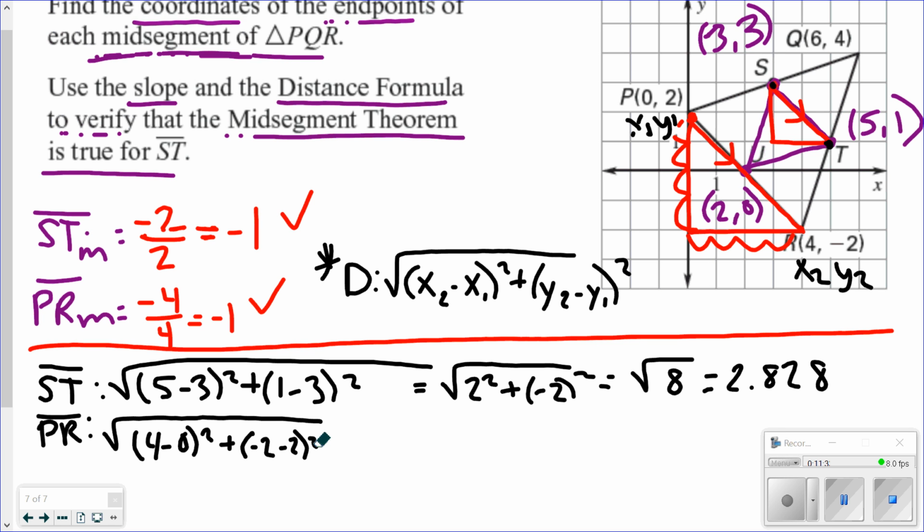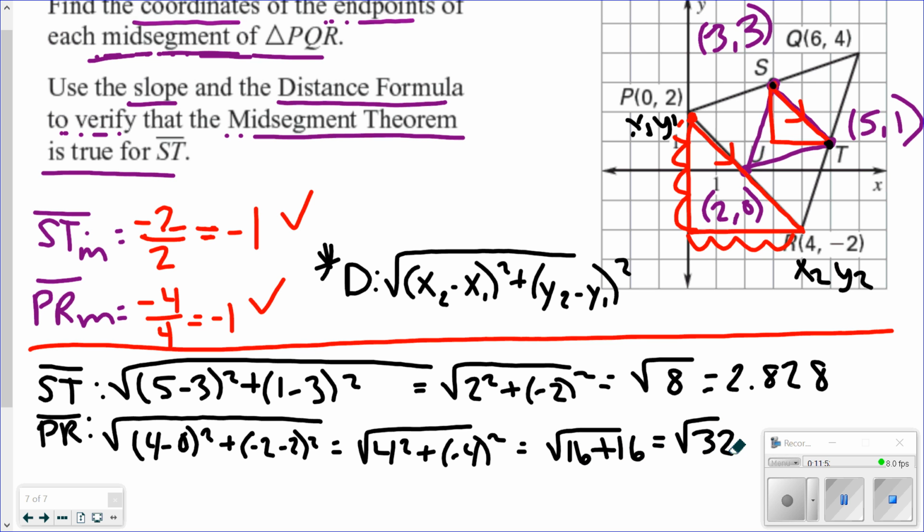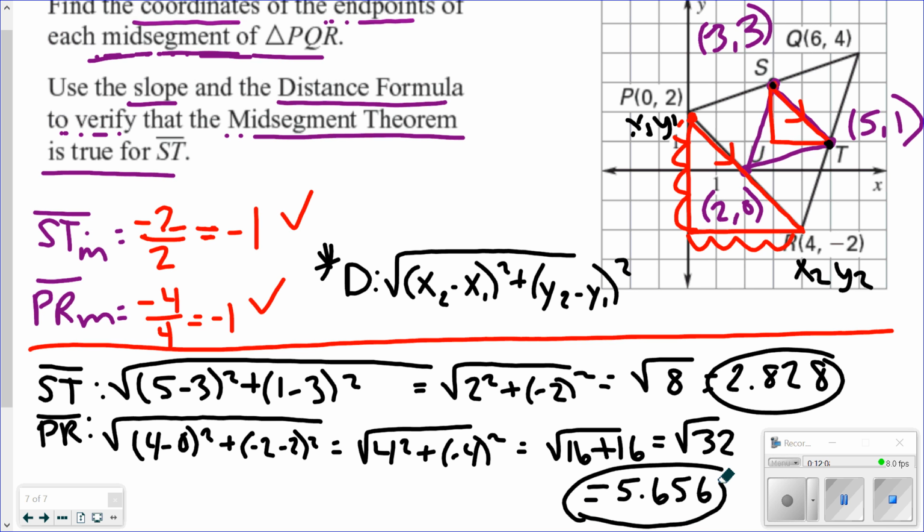If I simplify this, that gives me 4 squared plus a negative 4 squared, which is 16 plus 16, the square root of 32. And if I plug the square root of 32 in my calculator, it is approximately 5.656, which is double what our segment ST was.